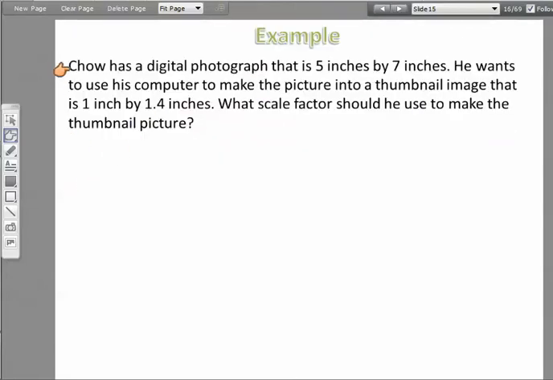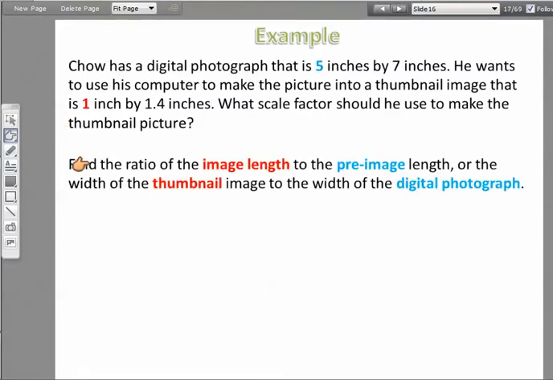It says, Chow has a digital photograph that is 5 inches by 7 inches. He wants to use his computer to make the picture into a thumbnail image that is 1 inch by 1.4 inches. What scale factor should he use to make the thumbnail picture? So what you're going to do is find the ratio of the image length.